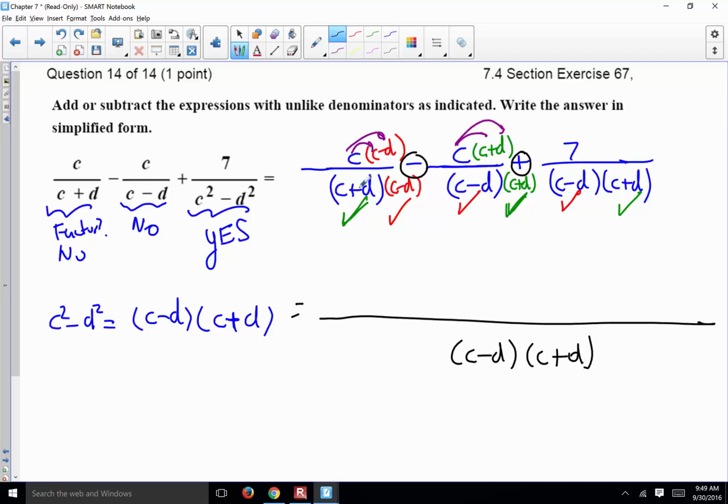So let's do the first one. C times c is c squared. C times minus d is minus cd. I see minus, so bring minus here. Multiply c times c, c squared, c times d, cd.